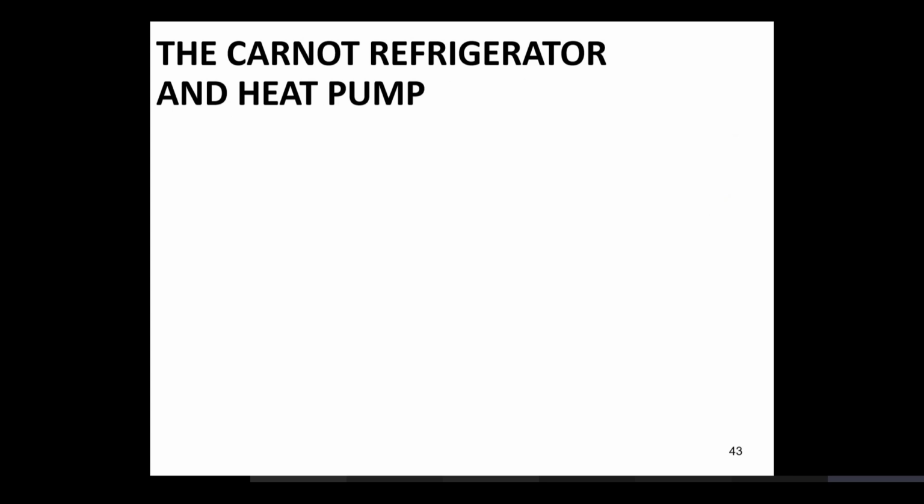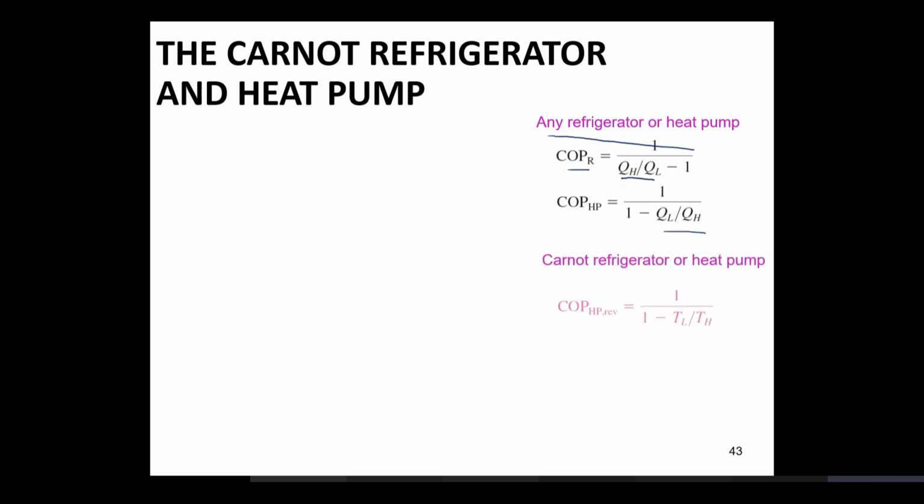The Carnot refrigerator and the heat pump, essentially the same principle. Any refrigerator or heat pump would have the coefficient of performance in the form of QL over QH for the refrigerator, and similarly QH over QL for the heat pump. For a Carnot refrigerator or heat pump, the COP of the reversible heat pump will have the ratio in the form of TH over TH minus TL, and for the reversible refrigerator, it would be TL over TH minus TL.